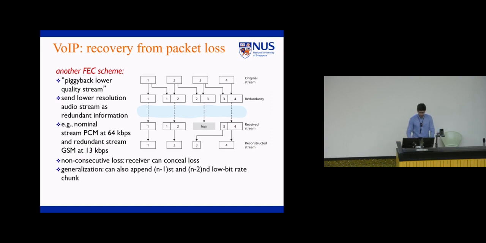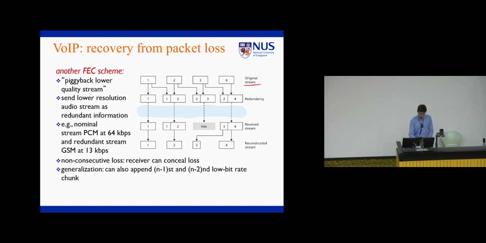So the second approach we have is piggybacking the lower quality stream onto the next one. Let's say this is our original stream, 1, 2, 3, 4. Packets are coming, and instead of sending these chunks as they are, I'm always adding a compressed version of the earlier chunk to the current one.